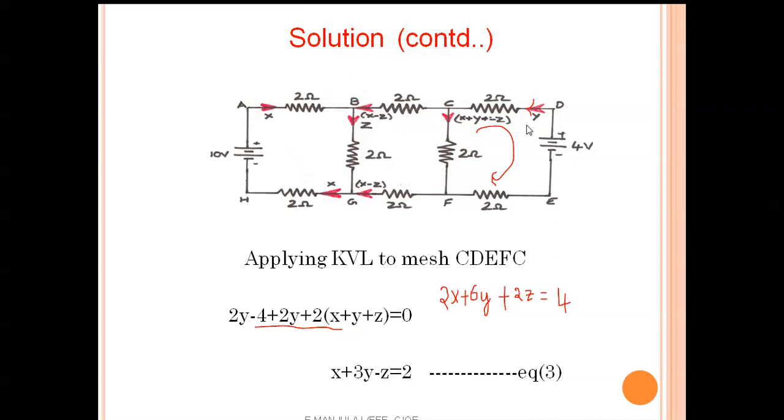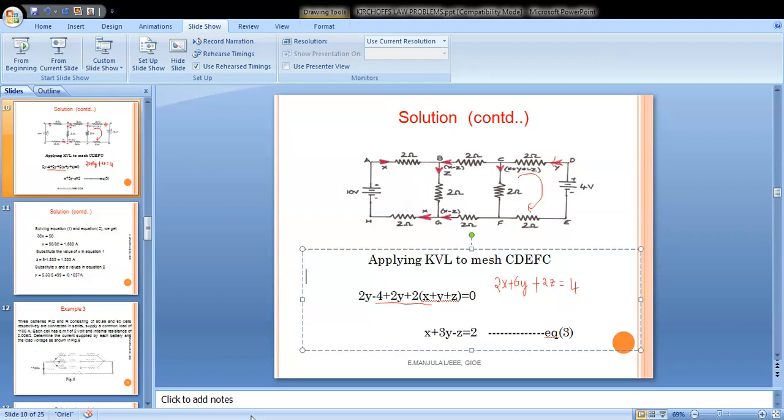So here this is y. So it is x plus y minus z. So this will be minus z. Okay. So here this will be minus 2z. Sorry.